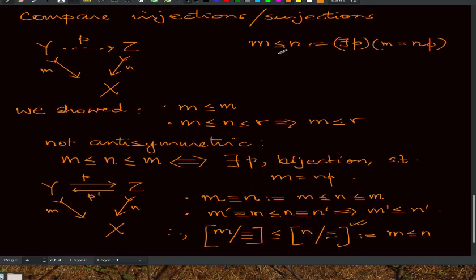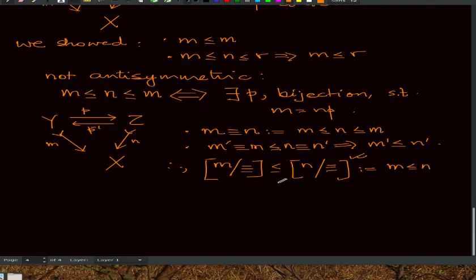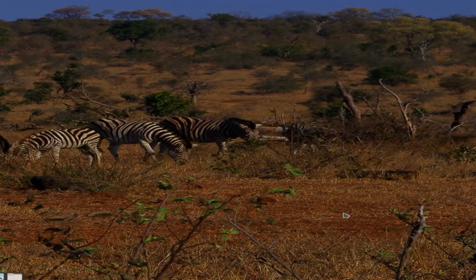So actually this one is a pre-order, and this one, on a separate set, turned out to be a partial order. And in fact, this trick is generic.